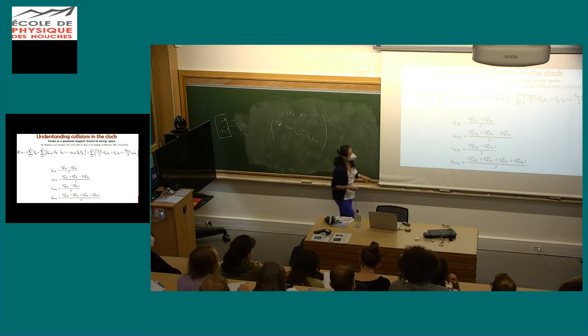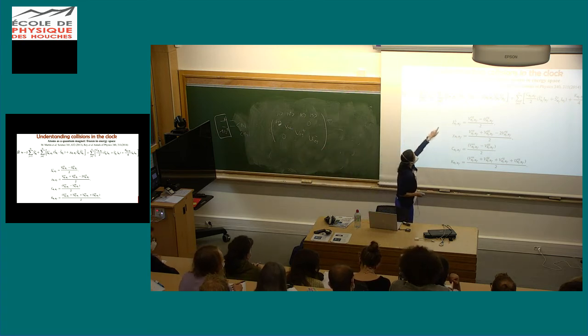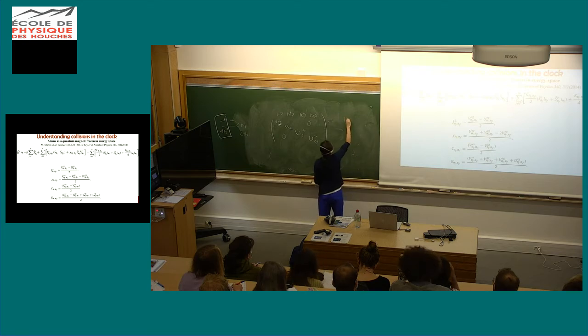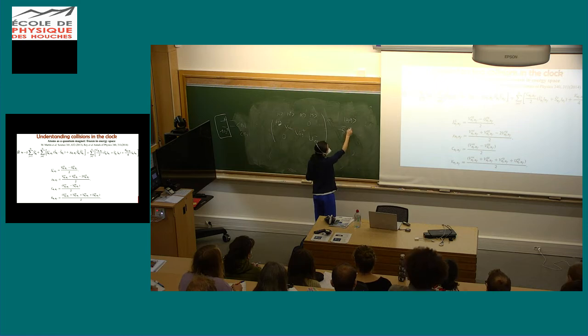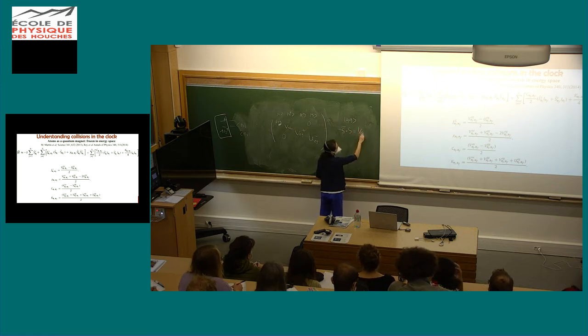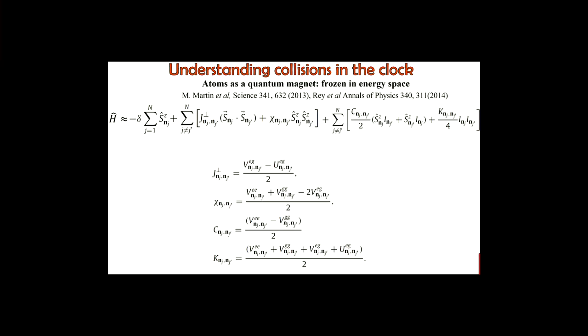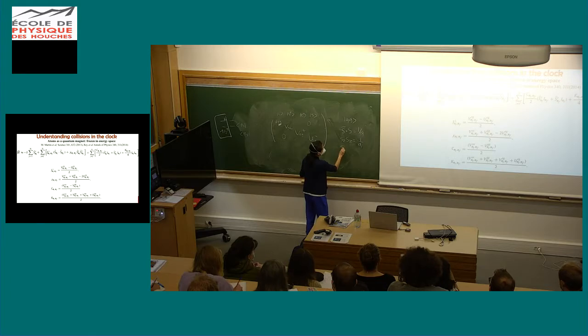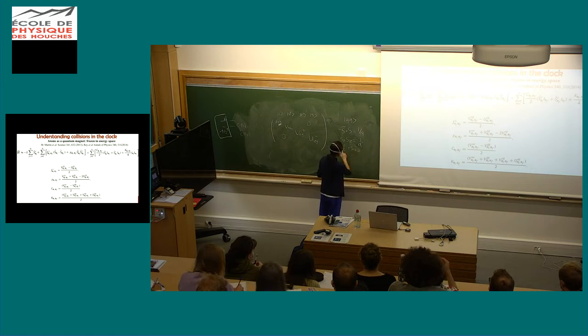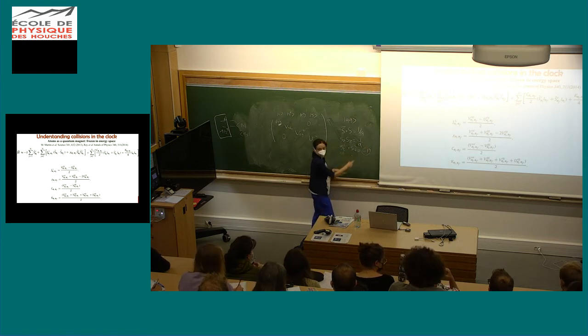So, for example, if I have a state that is GG, then I know that S dot S acting on these two atoms is 1/4. I know that S_z is also 1/4, and I know that S_z1 plus S_z2 here gives me minus 1. Yes, because I have 1/2 minus 1/2 minus 1/2 is minus 1.